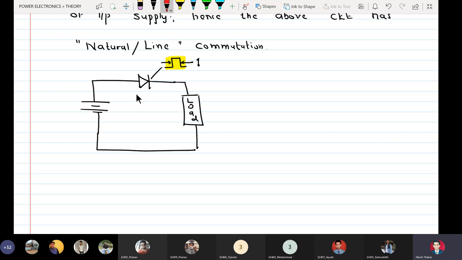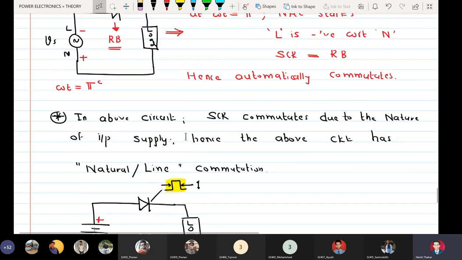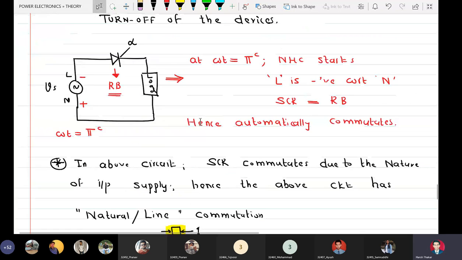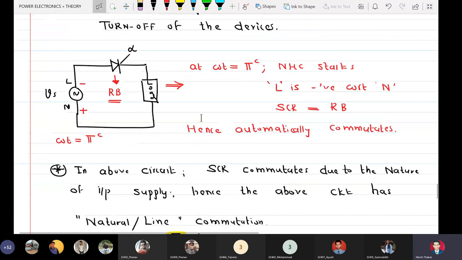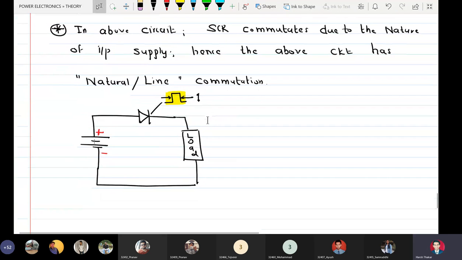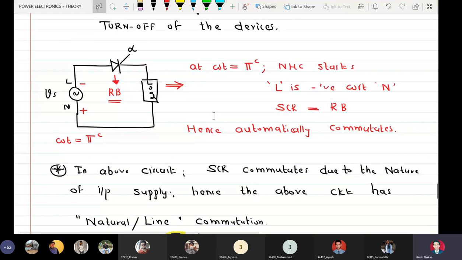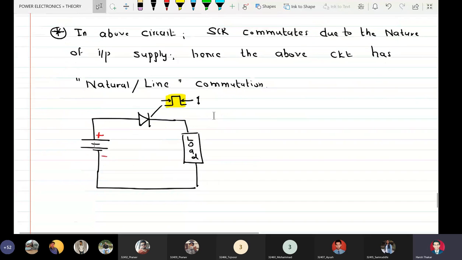Okay, in a DC circuit I cannot have anything called as alpha, because the firing angle alpha is in reference to the beginning of positive or negative half cycles. So understand students that in AC circuit you can define alpha, in DC circuit you cannot define alpha. Why? Because alpha is in reference to omega t equal to 0 or pi. That is why it is not applicable here.